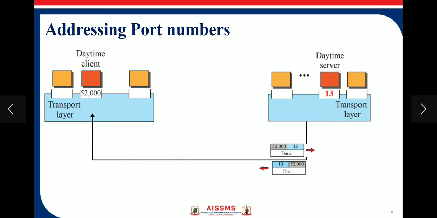It should be clear by now that IP addresses and port numbers play different roles in selecting the final destination of the data. The destination IP address defines the host among the different hosts in the world. After the host has been selected, the port number defines one of the processes on this particular host.